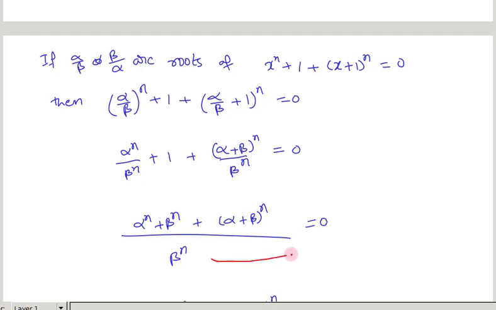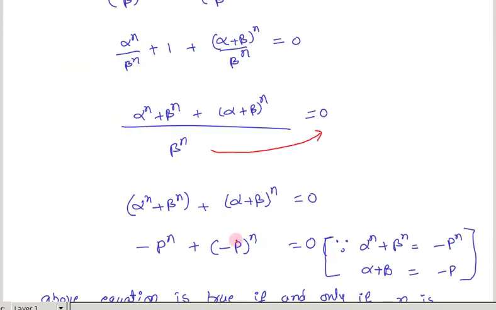And transposing beta to the power of n to the other side of the equation, it becomes 0. So we can write it as alpha to the power of n plus beta to the power of n plus (alpha plus beta) whole to the power of n is equal to 0.